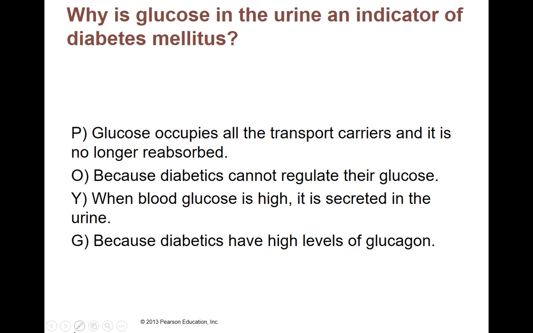So the first question is, why is glucose in the urine an indicator of diabetes mellitus? So why would you have glucose in your urine?